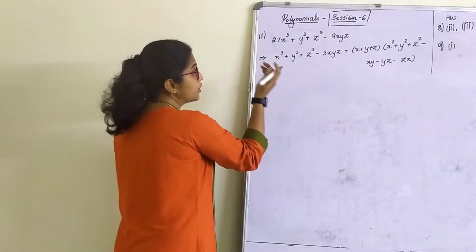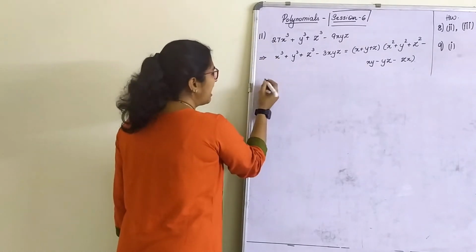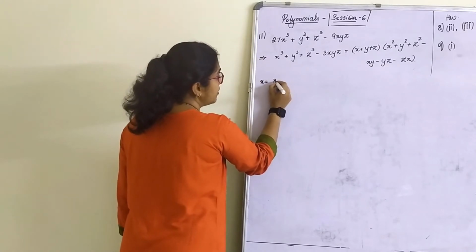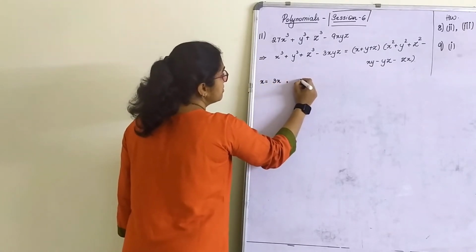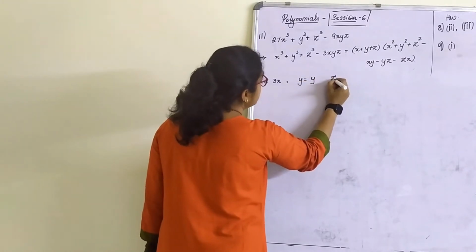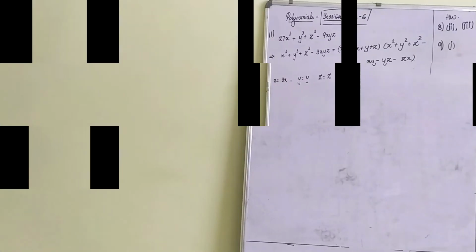Let's find out what the terms are here. So x is 27x cube, so it is 3x. Y is y only, and z is z only.